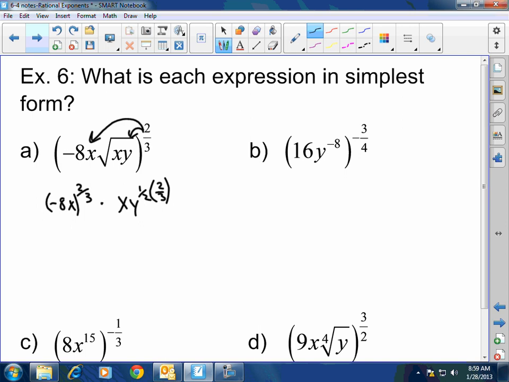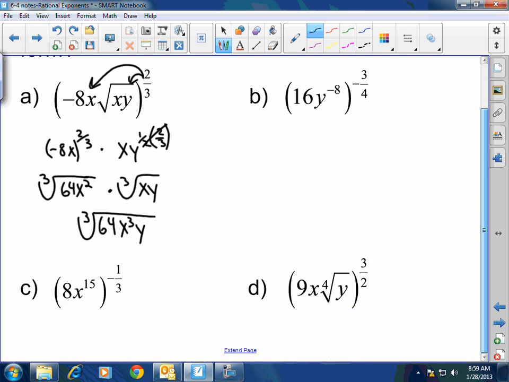So okay, this bad boy here, I've got the cube root of 64x squared times, these two's cancel, so I got the cube root of xy. This is good. I got cube root and cube root. Let's multiply them together. I got the cube root now of 64x cubed y. 64, that's going to be 8 times 8.